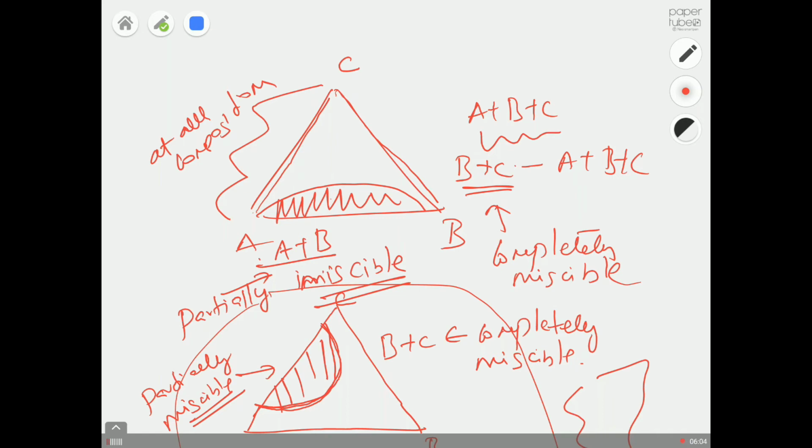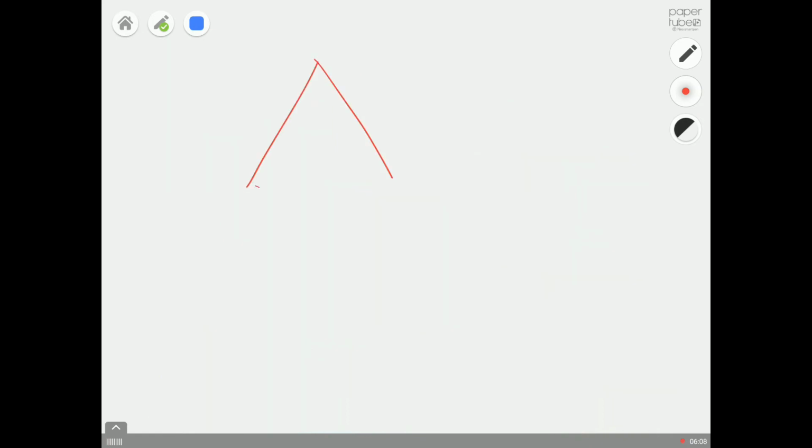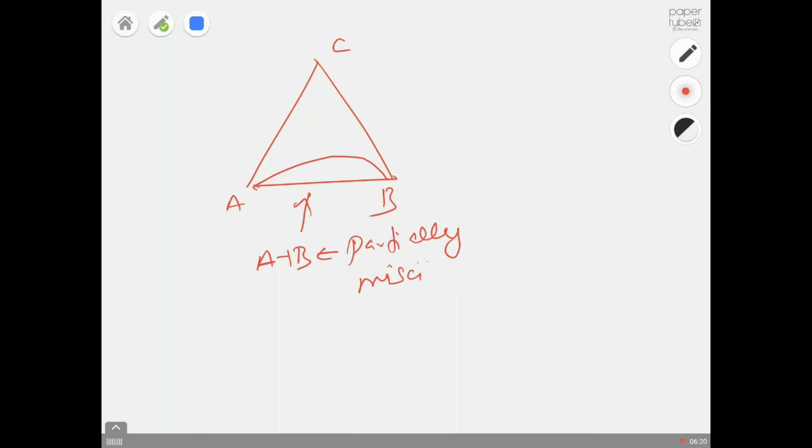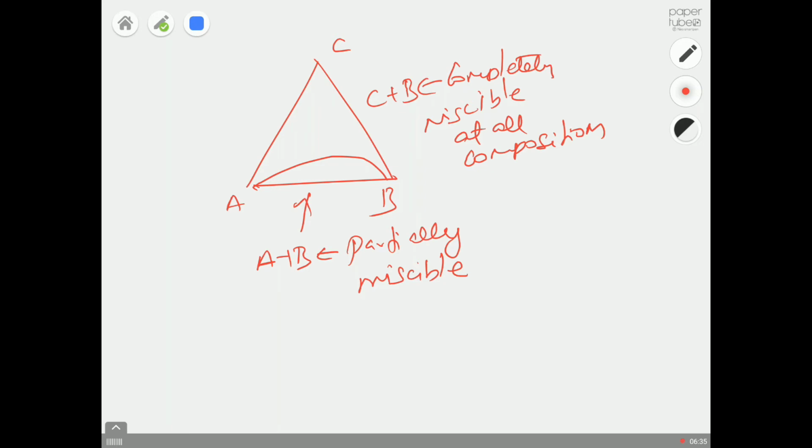This particular type of system, let me draw it again here. CAB. So A plus B is partially miscible, and then C plus B is completely miscible at all compositions, and A plus C is completely miscible at all compositions.